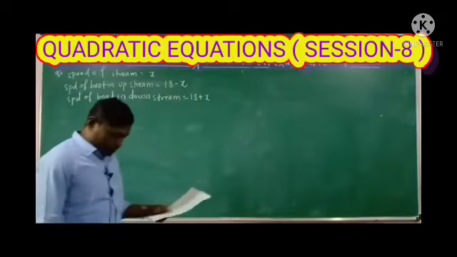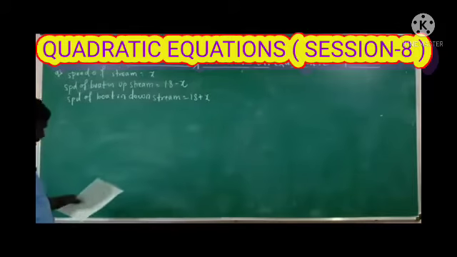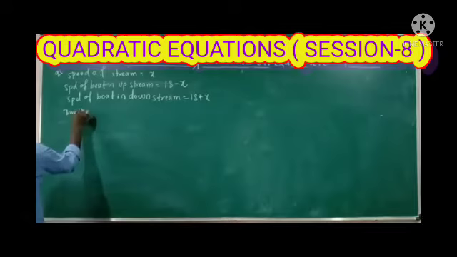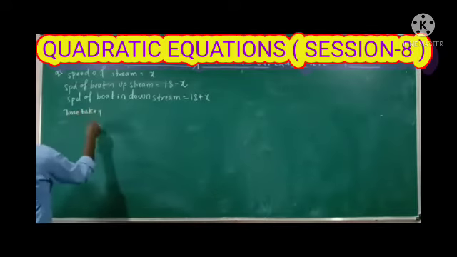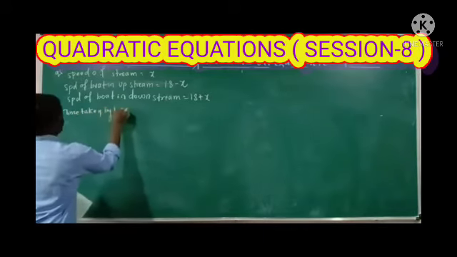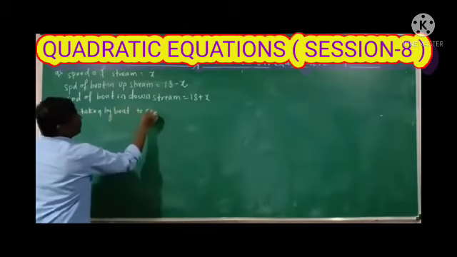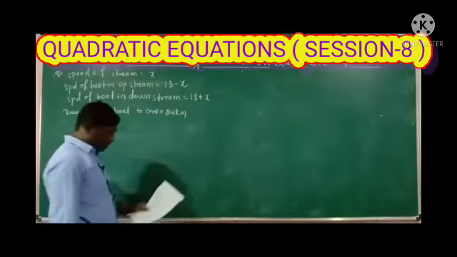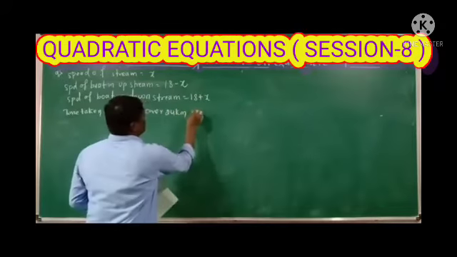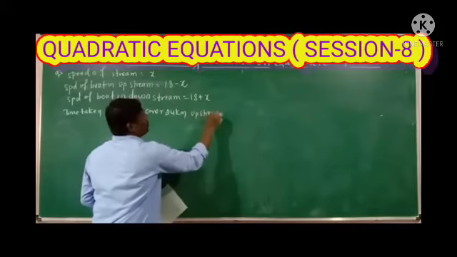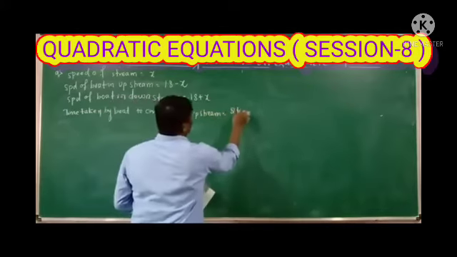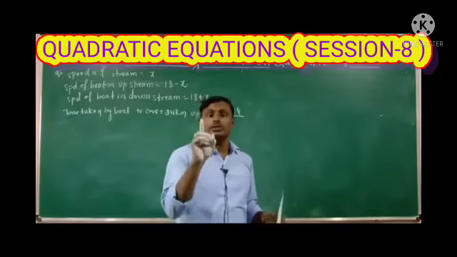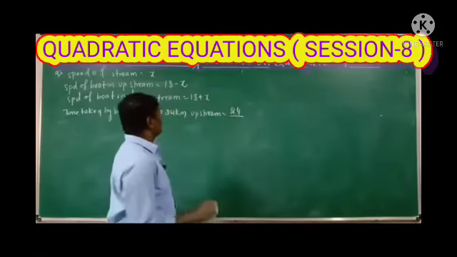Okay, next one, time taken to cover the distance of 24 kilometer. Time taken by boat to cover 24 kilometer in upstream. 24, this is the distance. So time is equal to, we know the formula, time is equal to distance divided by speed, right?